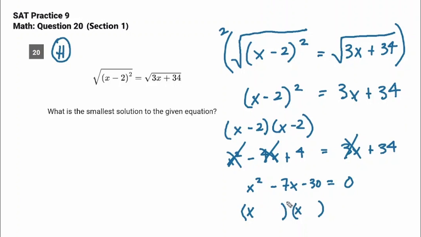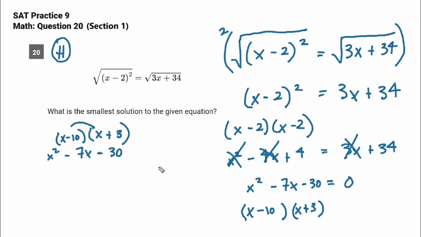Got to put them in the right places. It's going to be minus 10 plus 3, because minus 10 and plus 3 is going to get you to negative 7. If you're not sure, do it over here. x minus 10 times x plus 3. If you FOIL it back, it's x squared minus 10x plus 3x, minus 7x, minus 10 times plus 3 is minus 30.